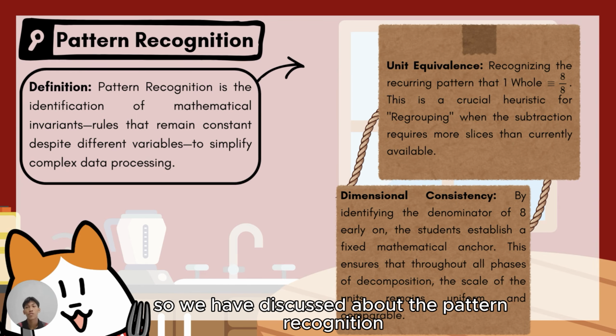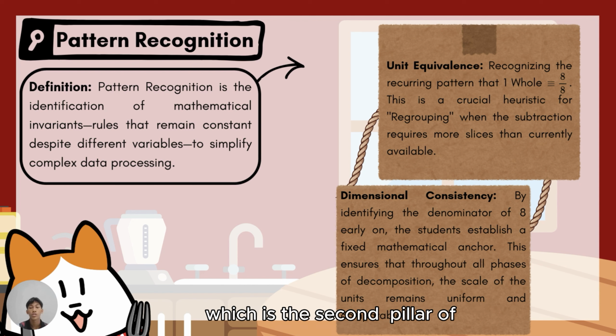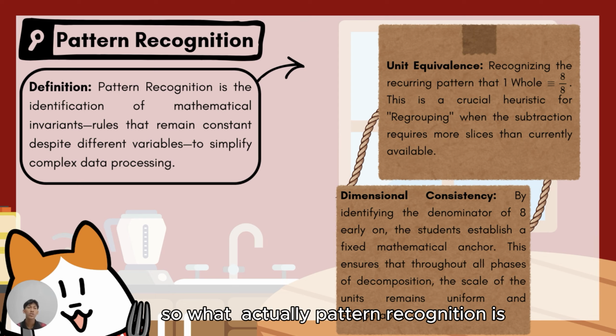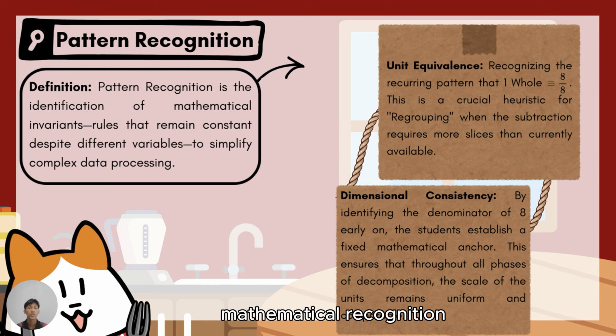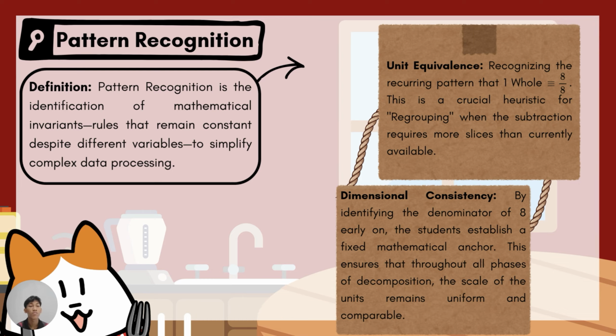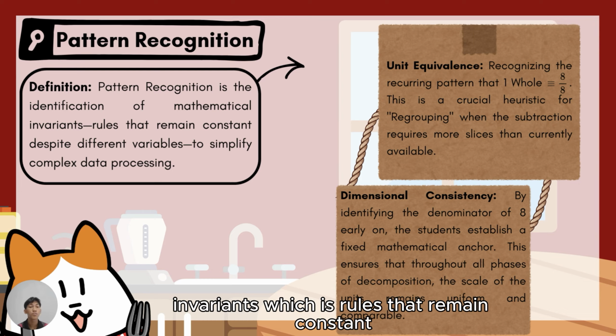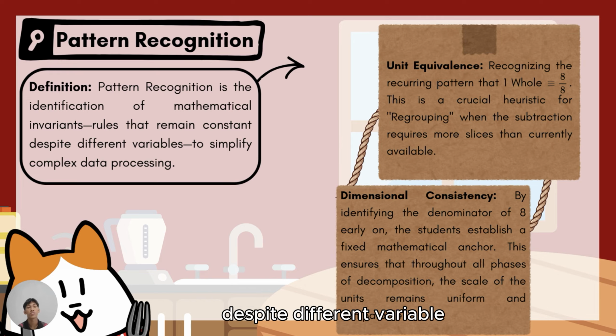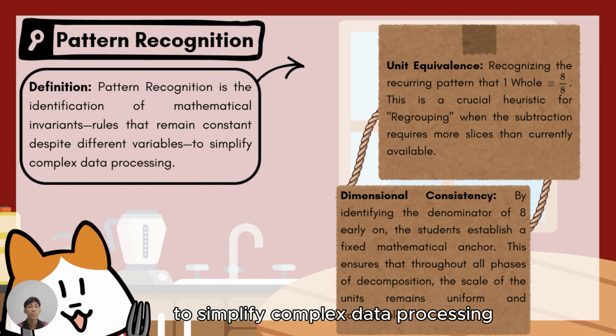So we have discussed pattern recognition, which is the second pillar of computational thinking skills. So what actually is pattern recognition? Pattern recognition is the identification of mathematical invariants, which are rules that remain constant despite different variables, to simplify complex data processing.